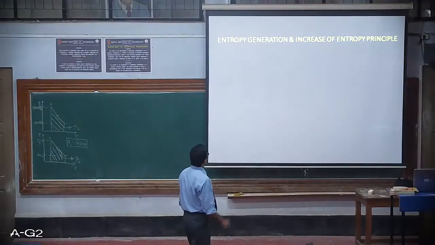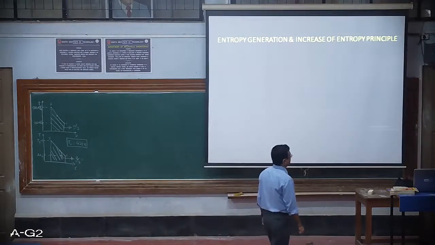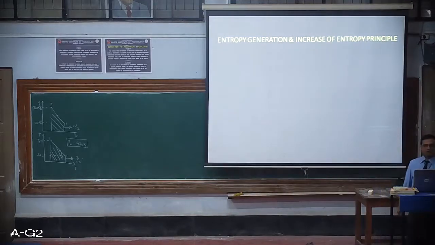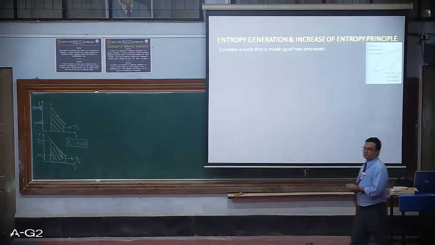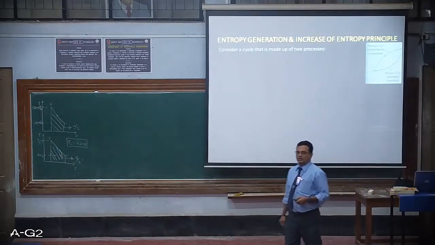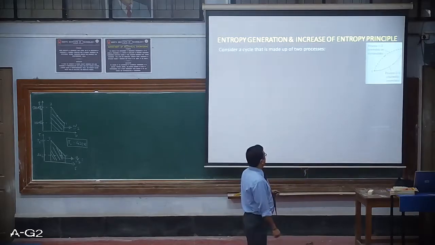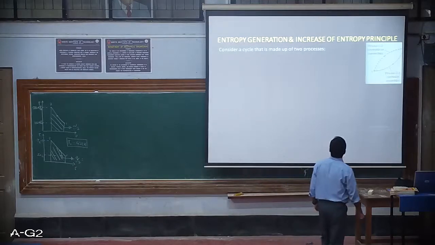Again, we defined what exactly we mean by entropy generation, so that it can lead to one more important concept called the increase of entropy principle. We have considered a cycle which is made up of two processes. One is an arbitrary process which can be either reversible or irreversible, and the second process is strictly internally reversible.